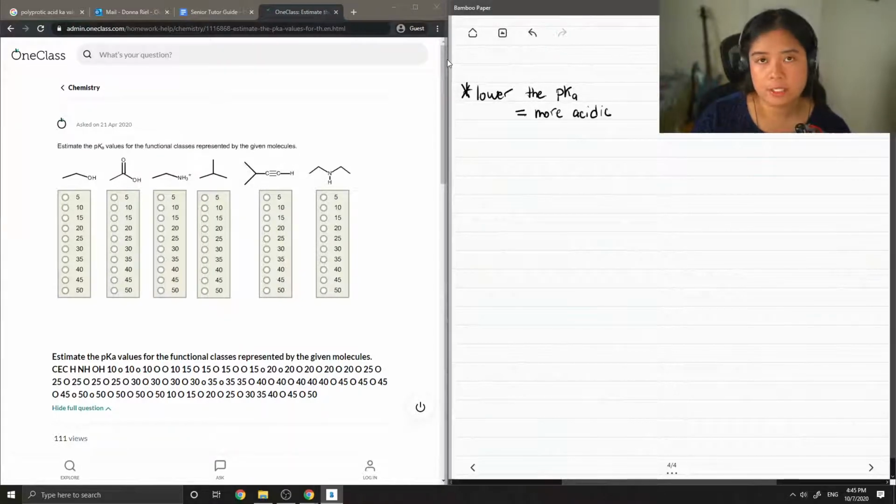And basically when you have a more acidic compound, this means that it's more likely to donate H+.